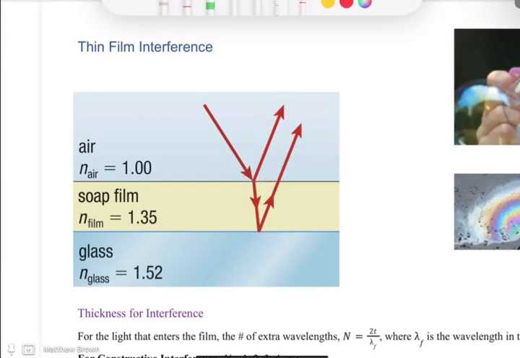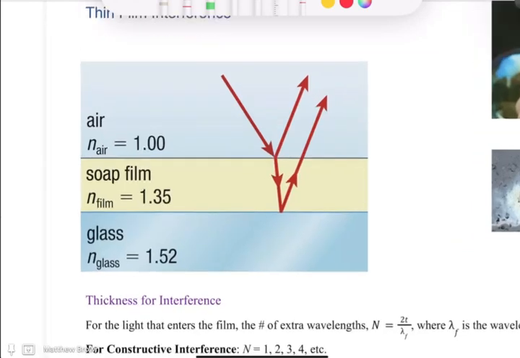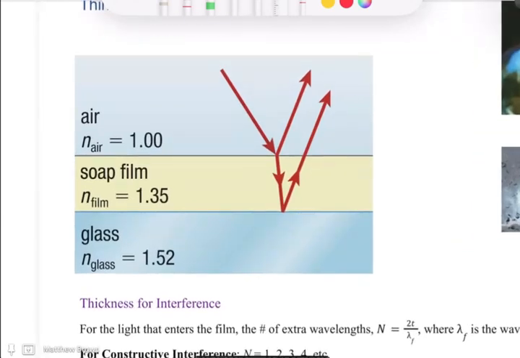So we've got air, and the real thing to look at here is we've got an index of refraction of 1, and then it increases, and then if you've got glass at the bottom, it increases again.